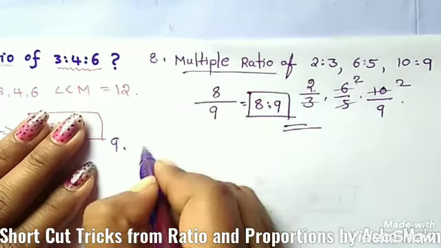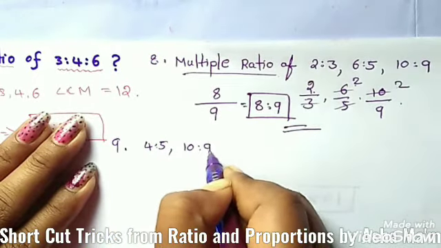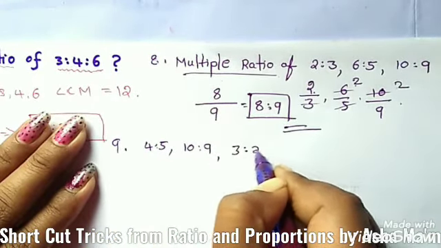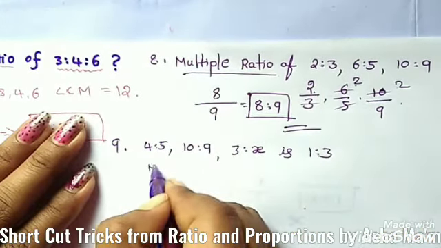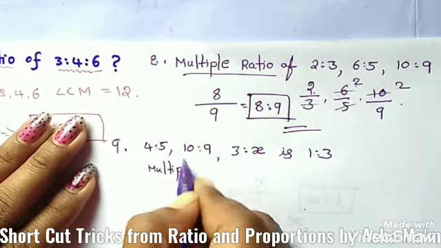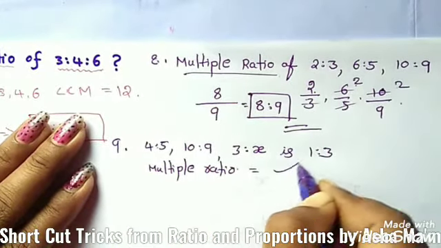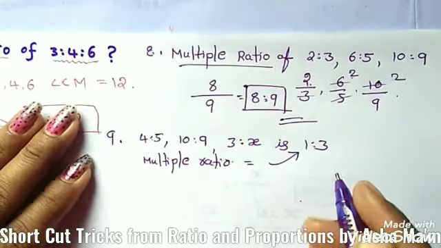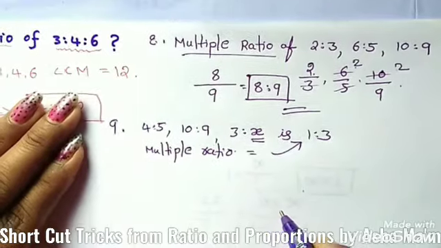Now let us see question number 9. Here also a multiple ratio of 4 is to 5, 10 is to 9 and 3 is to x is 1 is to 3. This is the multiple ratio. So multiple ratio they have given already, that is only 1 is to 3. Then find the value of x. That is the question.